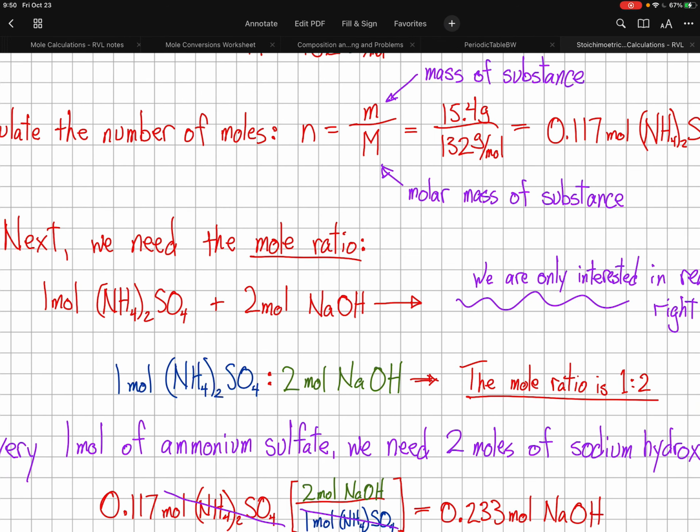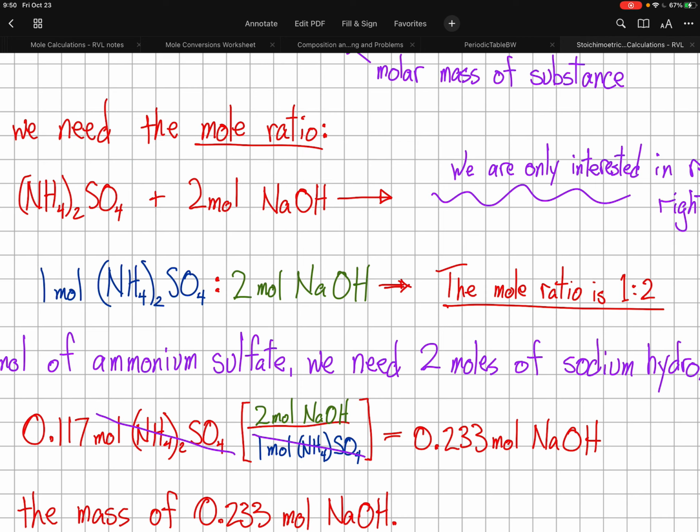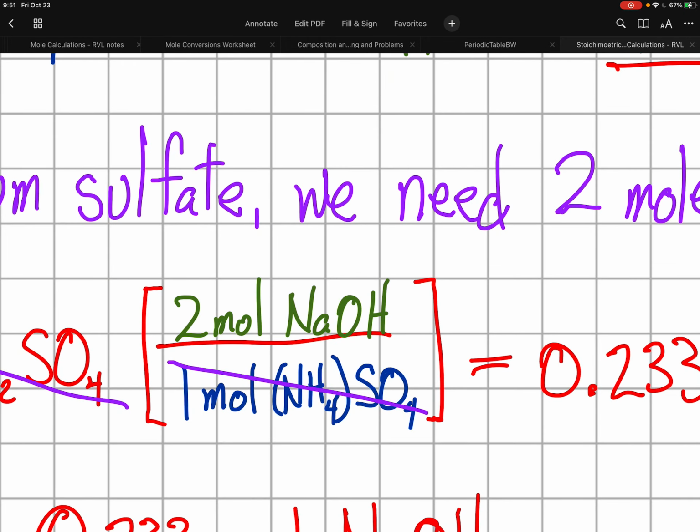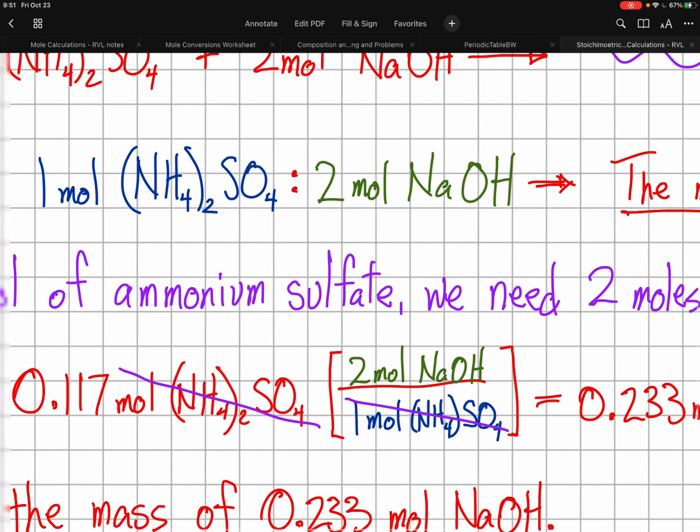So for every 1 mole of ammonium sulfate, we need 2 moles of sodium hydroxide.